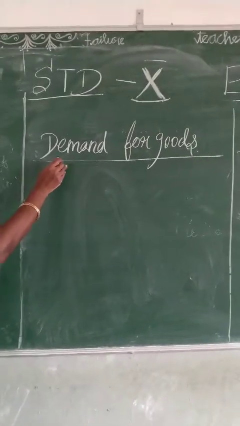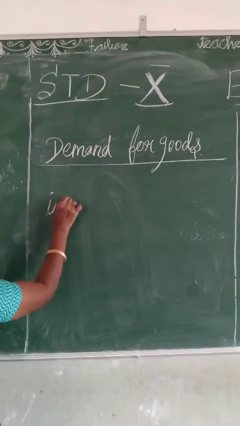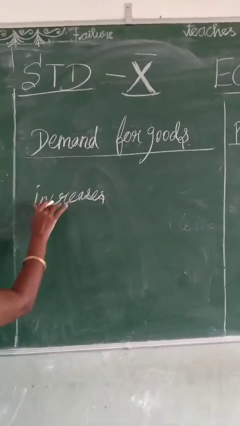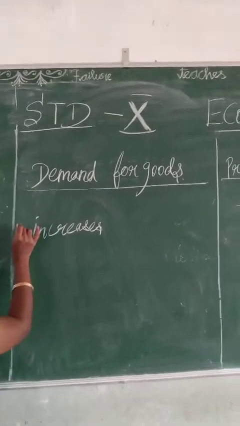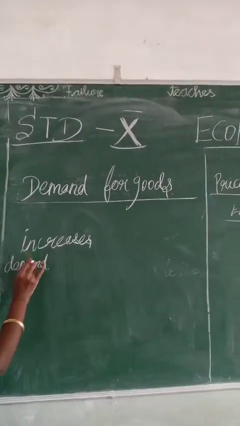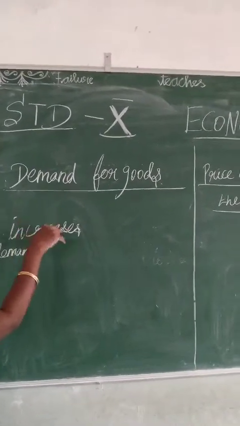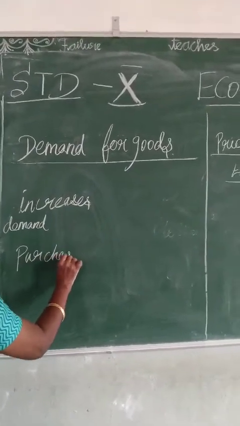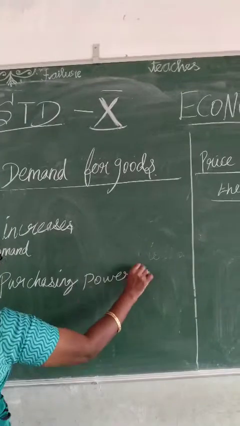Students, now demand for goods. When demand for goods increases, the price of goods increases, then the purchasing power is affected.